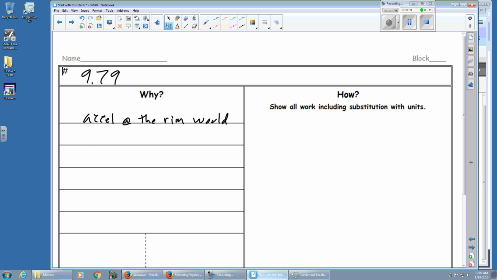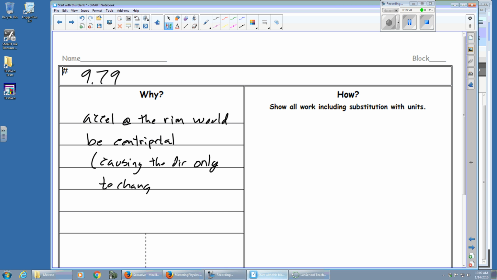would be centripetal, i.e. causing the direction only to change.